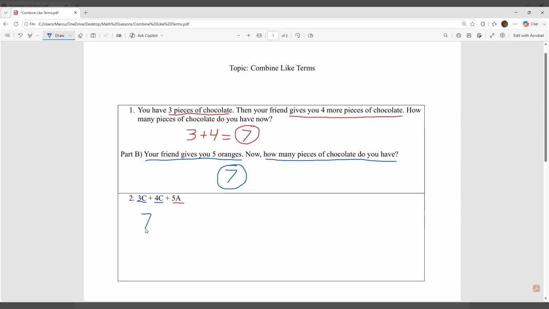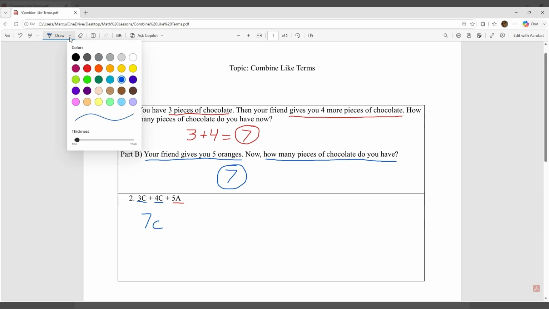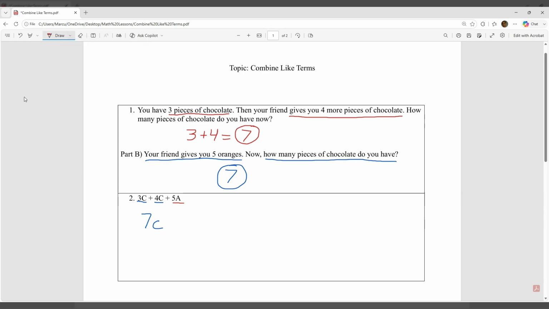So now we have 7C. And then as far as the A, there's no other A, so all you have to do is bring it down. So we get 7C plus 5A. Okay. So again, in order to combine like terms, you must have the same variable and the same exponent.